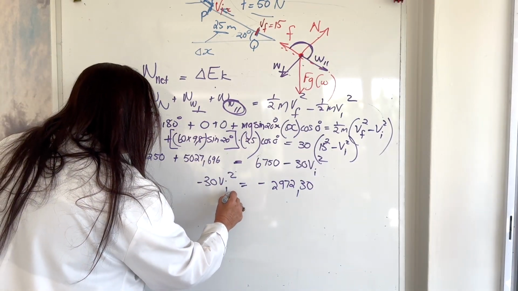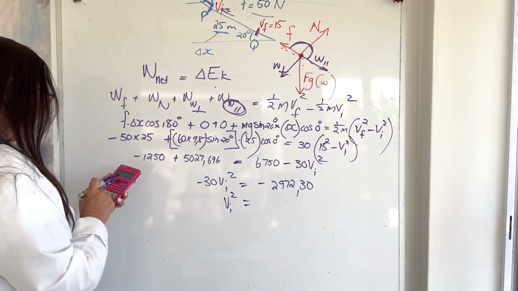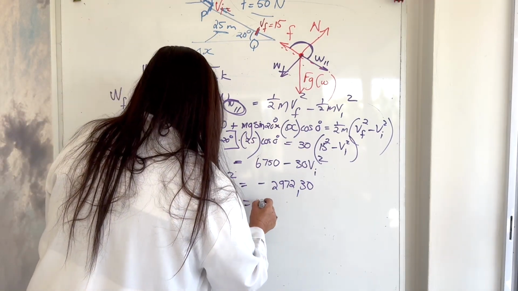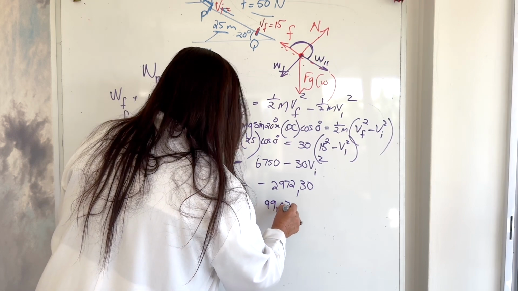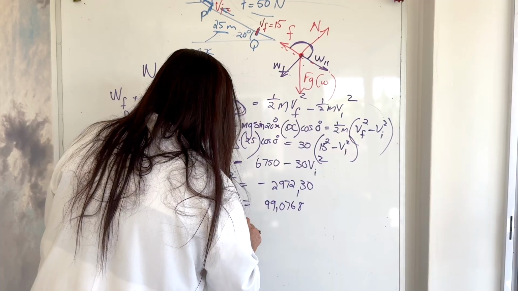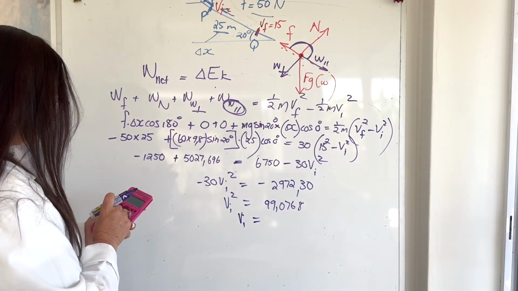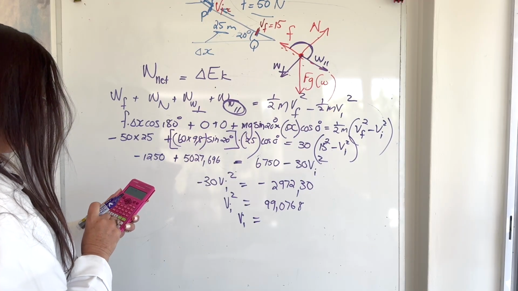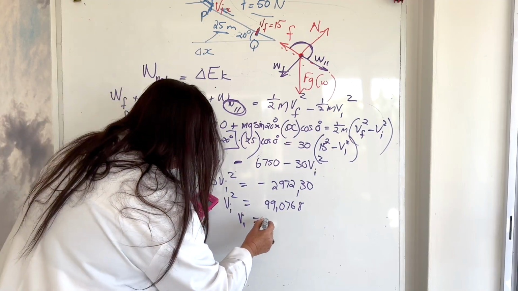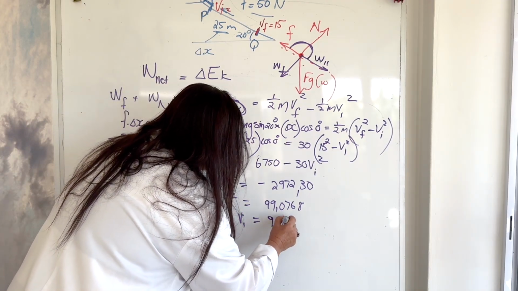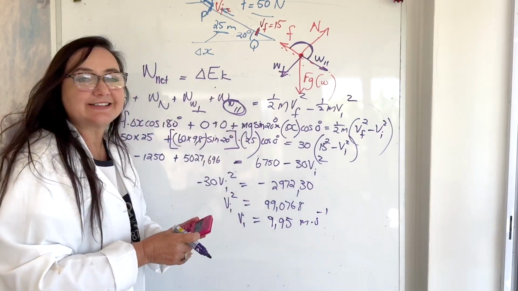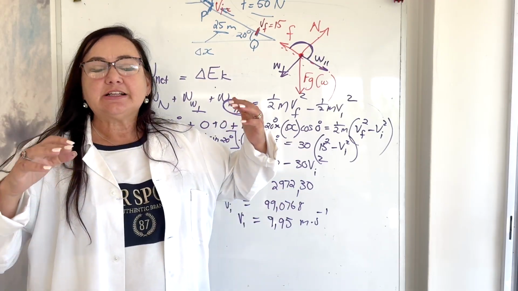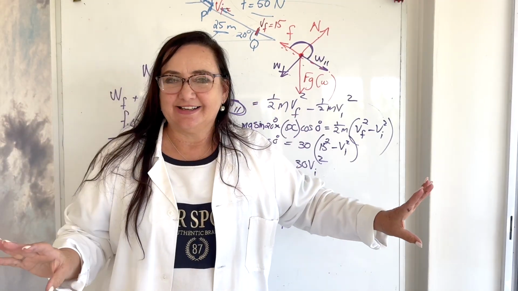So my V initial square is going to be that divided by 30, and my minuses are going to cancel out. So I've got 99,768. So my V initial was 9,95 meters per second.